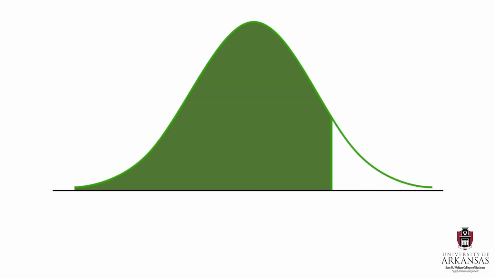To conclude, let me show you a visual illustration. This is the distribution of demand per selling season. It has a mean of d bar and a standard deviation of sigma sub d. F of q star is the optimal in-stock probability and is equal to the shaded area.